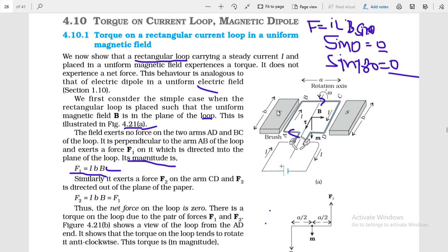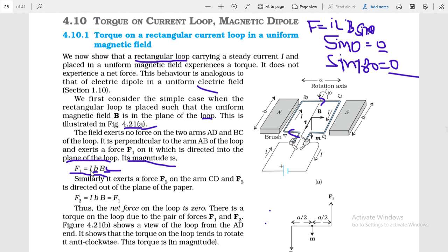This is the force working on this arm, and according to Fleming's left hand rule, the direction of this force is into the plane of the loop. Its magnitude is F1 is equal to I, small b, and capital B, where small b is the length of AB.